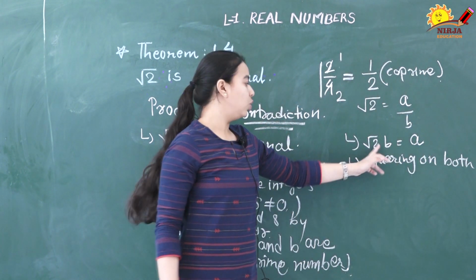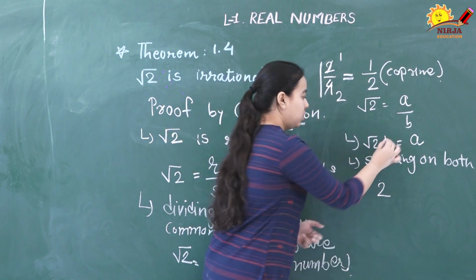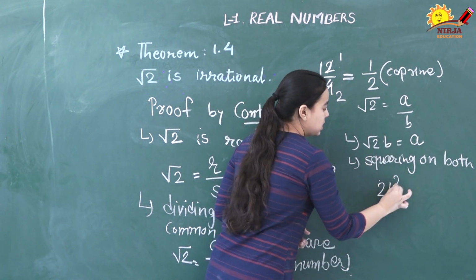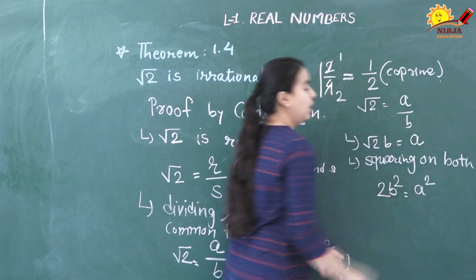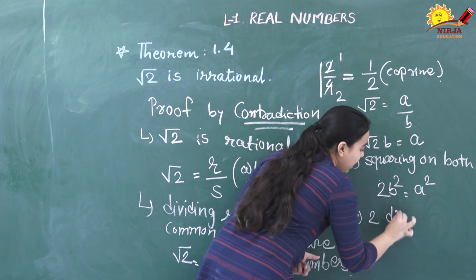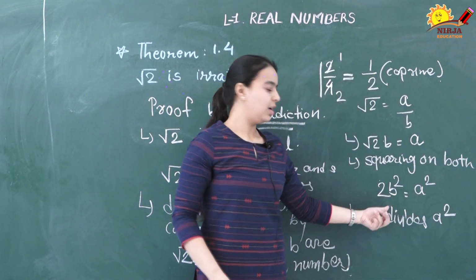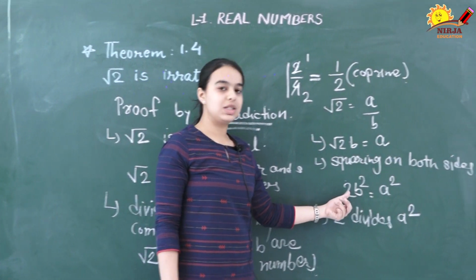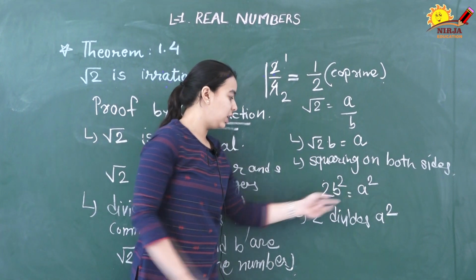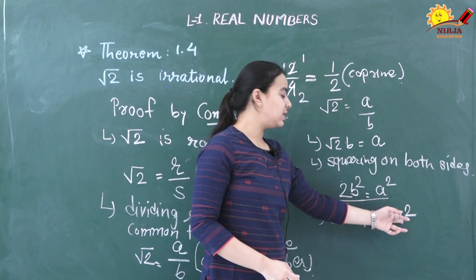After squaring both sides, under root 2 squared will be 2, b becomes b square, and a becomes a square. And here I get 2 b square equals a square, because 2 is a factor of a square, so we can conclude from this equation that 2 divides a square.